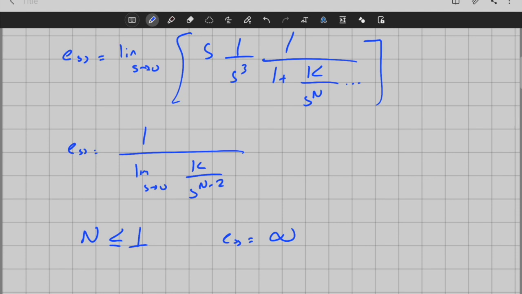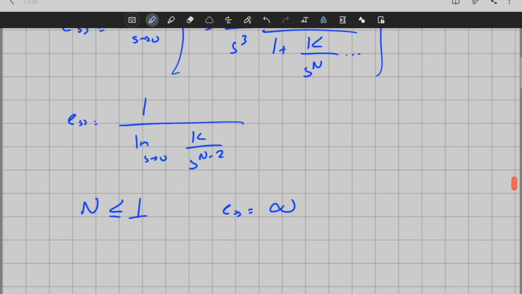It is infinity. You should keep in mind that this doesn't mean the system is stable, because I have an input that is unbounded. It's also possible to obtain an unbounded output or unbounded error signal. It means that the difference between the reference signal and the measurement goes to infinity. It is not convergent, it's divergent.